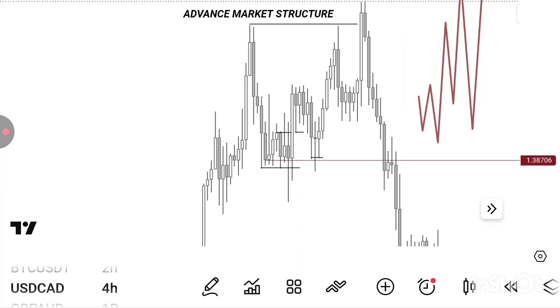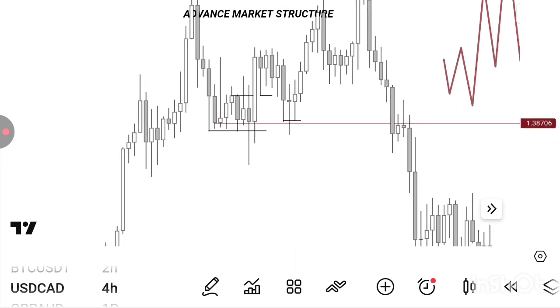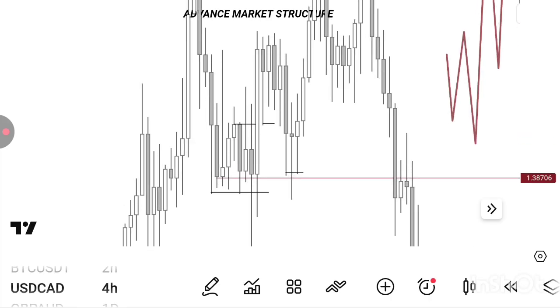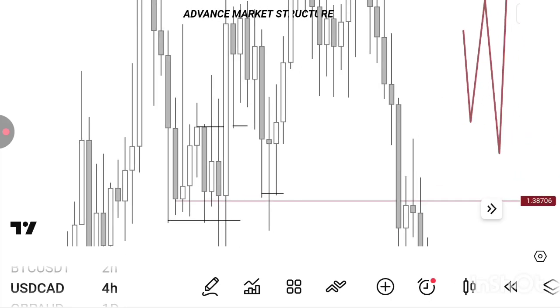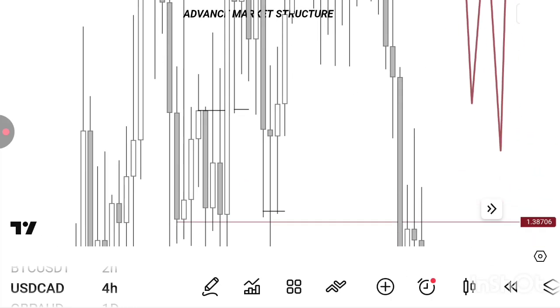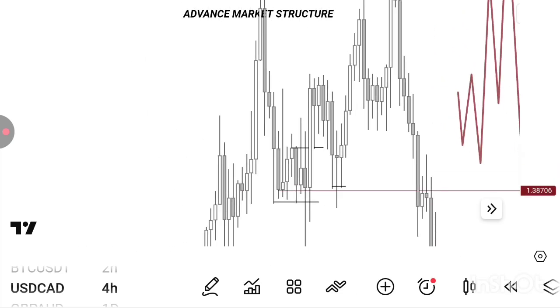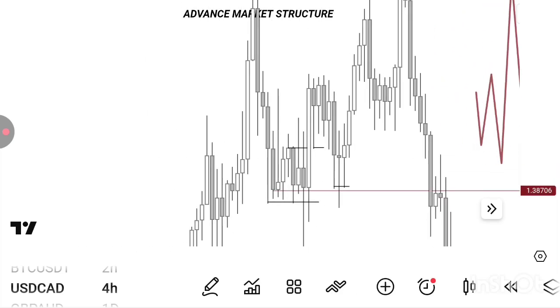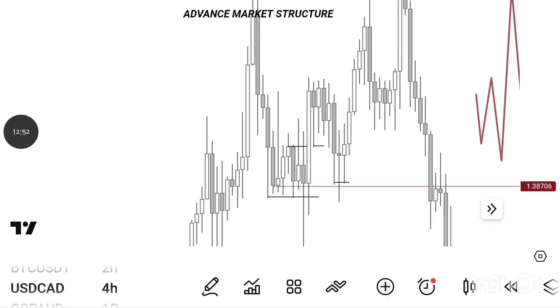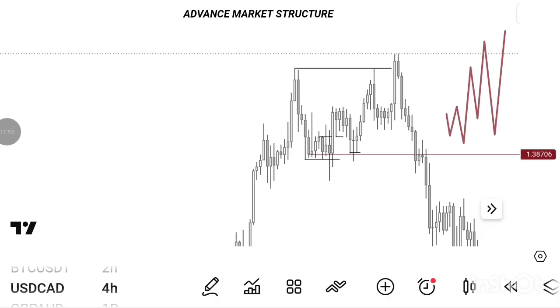Then number two, it can also function as a structural point. And after price takes out that low with a body and a close, what we are now expecting price to do is to what? Change its bias. Price is not going to be bullish anymore, but price is now going to be bearish. That's how simple it is, right?